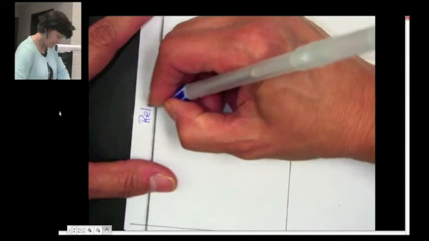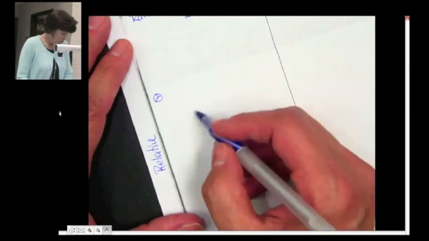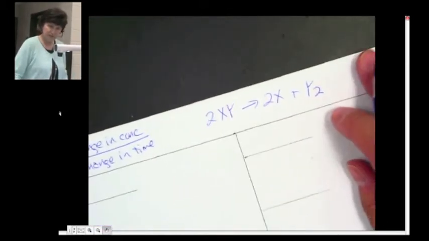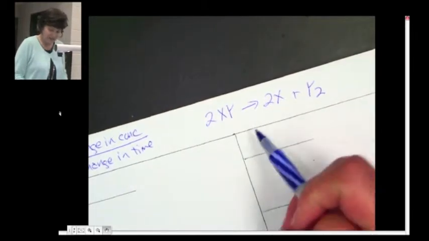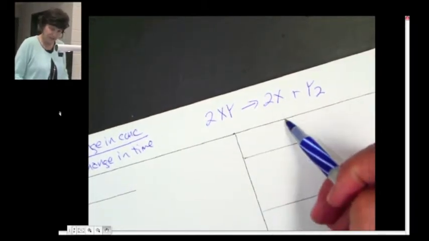Using the equation that we wrote up here, we're going to relate how the reactants disappear to how the products appear.